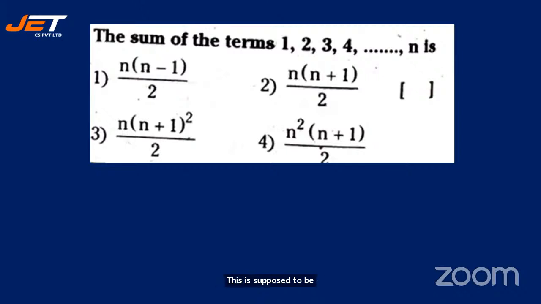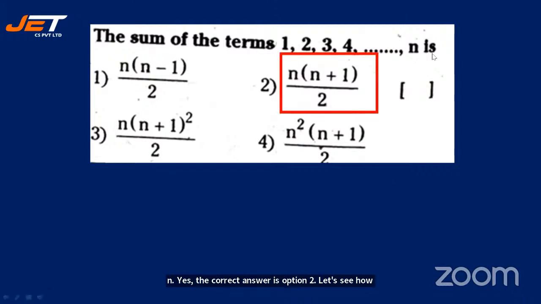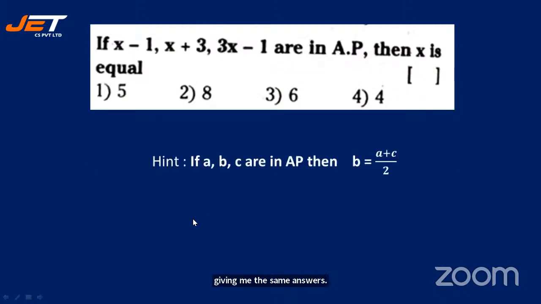So no workings. Yes, the correct answer is option 2. Let's see how many are giving me. Bhavna, Pavni, Gayatri, Preetika, Riya Naik, Lali, almost all. Yes. All right. Srinidhi, almost all are giving me the same answers. Perfect. See the next question.